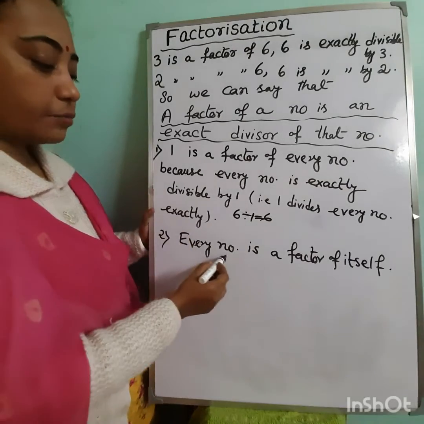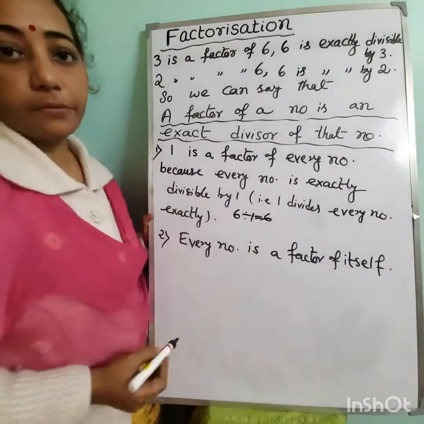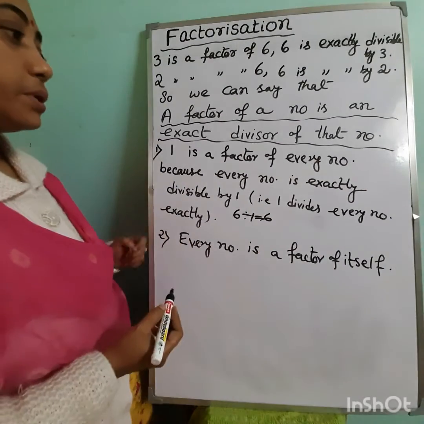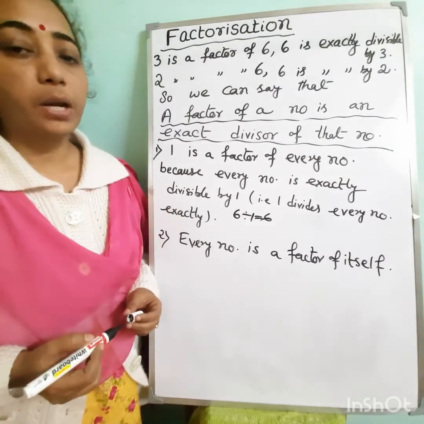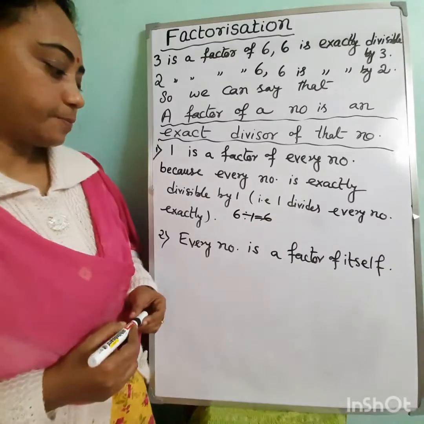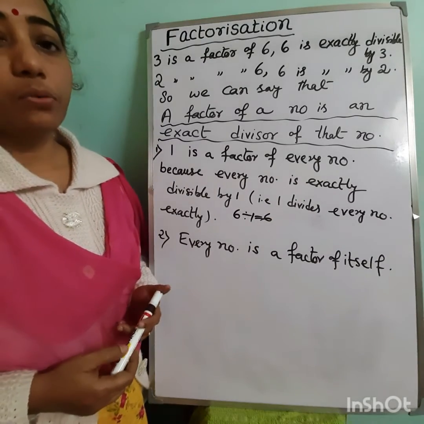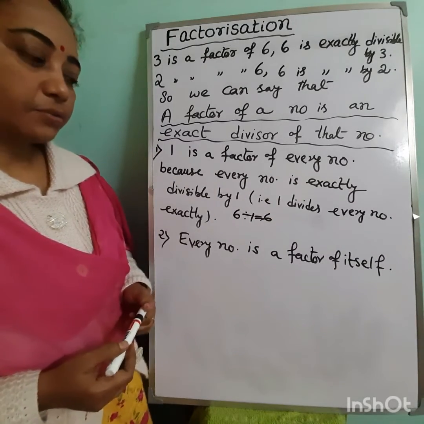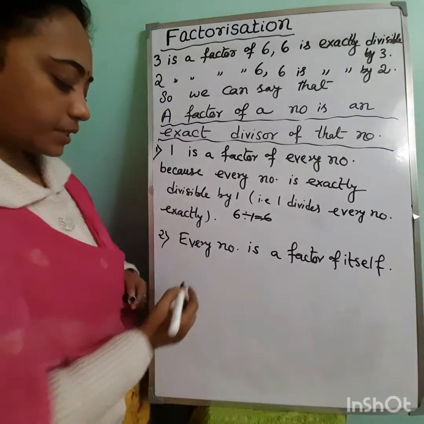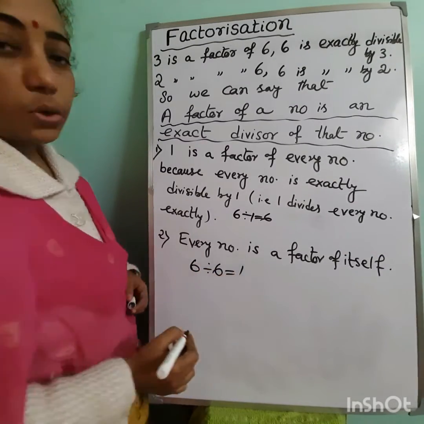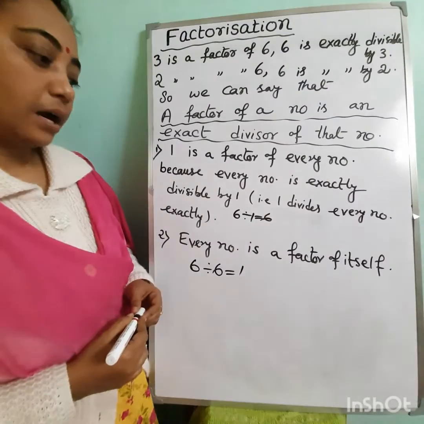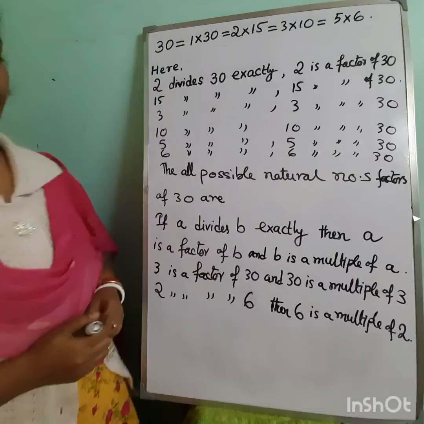And also every number is a factor of itself, because every number is exactly divisible by itself. For example, 6 is exactly divisible by 6.